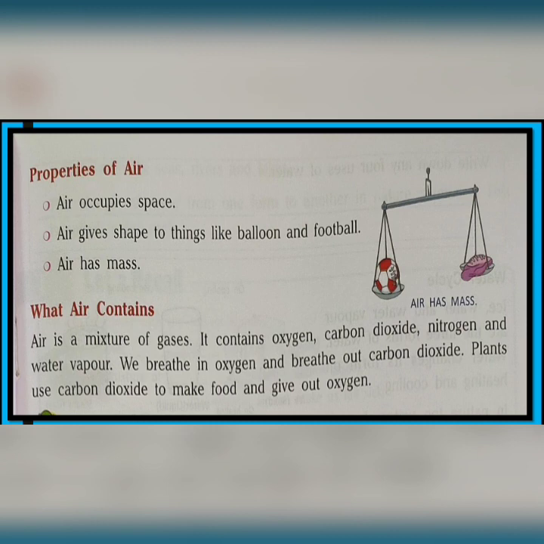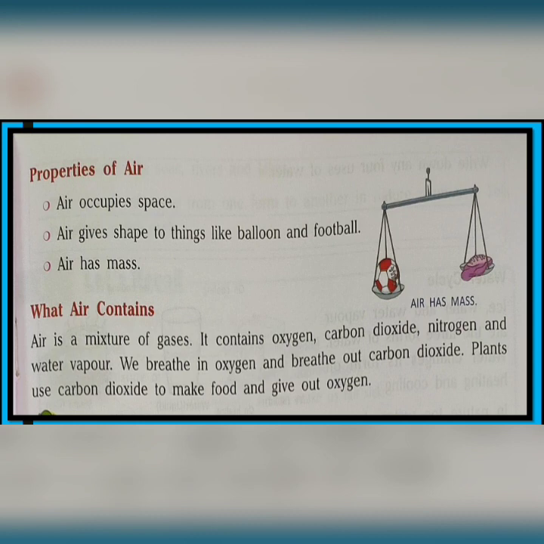Air is a mixture of gases. It contains oxygen, carbon dioxide, nitrogen and water vapor. We breathe in oxygen and breathe out carbon dioxide. Plants use carbon dioxide to make food and give out oxygen. So mainly, air is a mixture of gases, and the gases it contains are oxygen, carbon dioxide, nitrogen, and also water vapor.